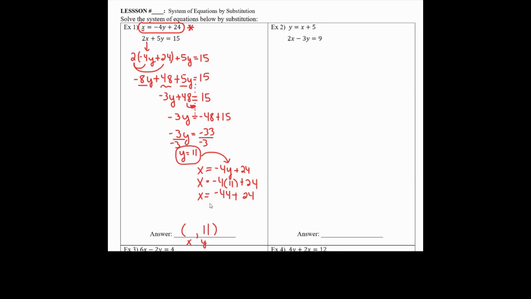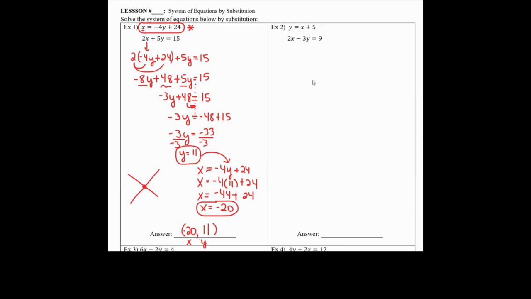Negative 44 plus 24 is negative 20. So there you go. I found the value of x. So I know the answer. If I was to graph these two lines, they will probably be two lines that cross each other, and they cross at the point negative 20, 11.